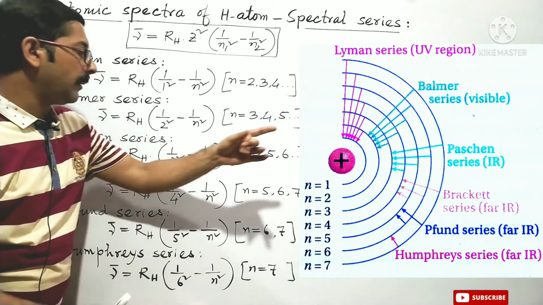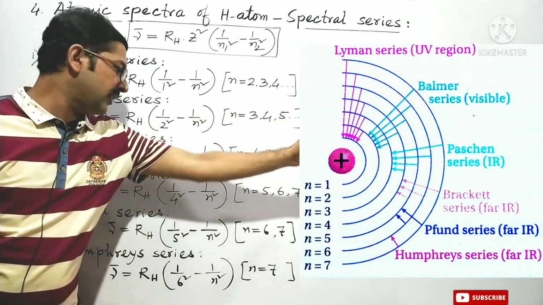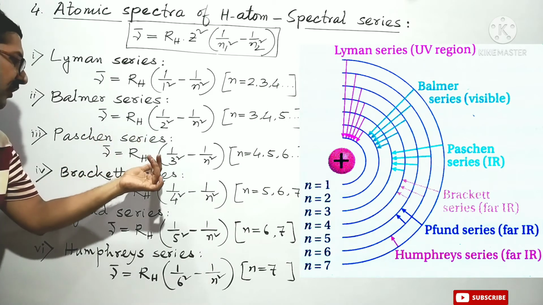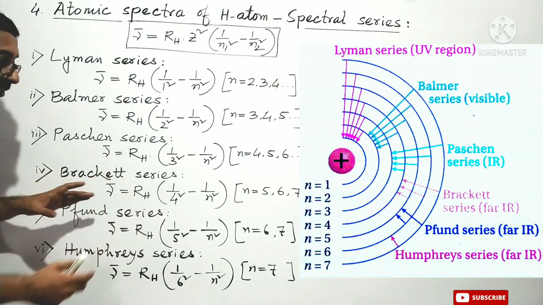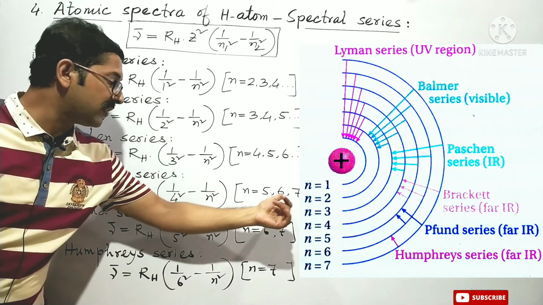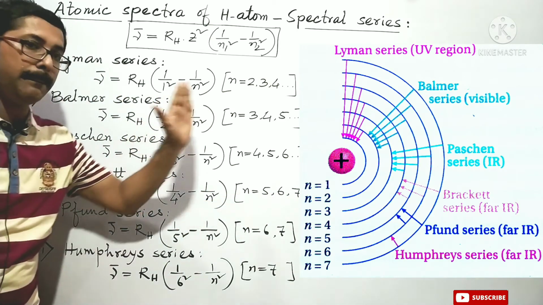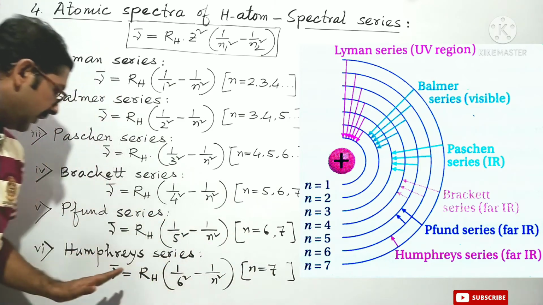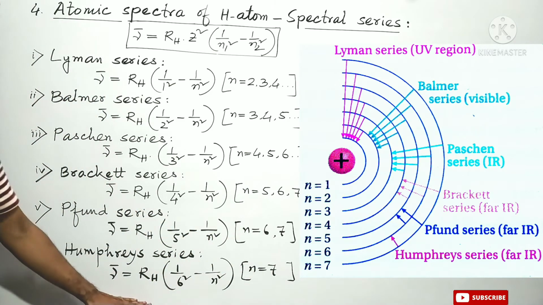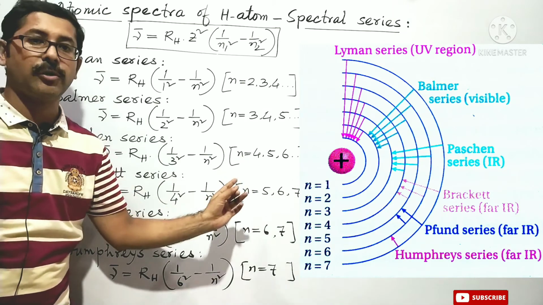When the electrons come back from the fourth, fifth, sixth and seventh orbit, these Paschen series of lines are obtained. For Brackett series, the electrons come back from the fifth, sixth or seventh orbit to the fourth orbit. For Pfund series, electrons come back from the sixth or seventh orbit to the fifth orbit, and for Humphreys series, electrons come back to the sixth orbit.